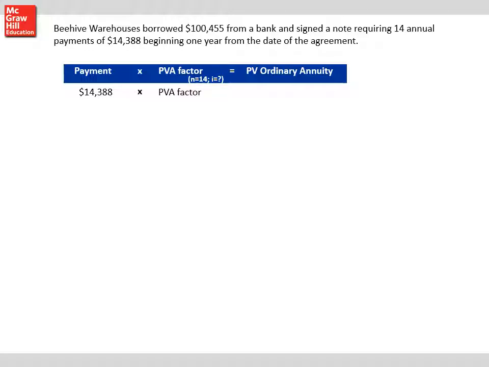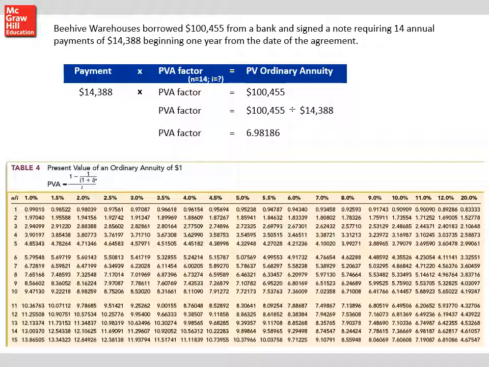We need to determine that in order to find out the interest rate, kind of like what we did before with finding interest rate and periods of time. We know the present value of the ordinary annuity. Divide the payments into the present value of the ordinary annuity, and that will give you your factor. The rest is using the table.